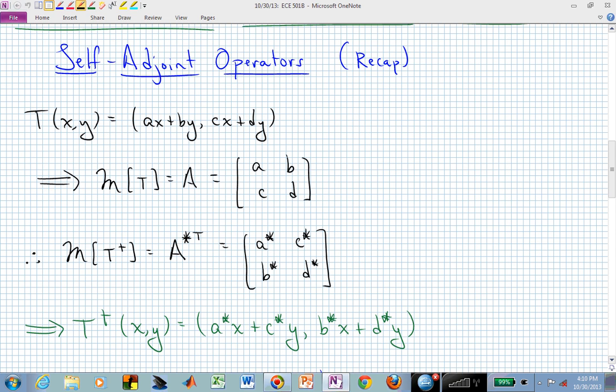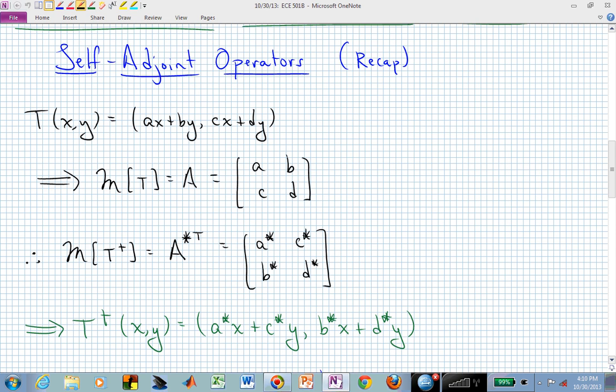This matrix representation says take A star times X and add to that C star times Y. That's the first coordinate of the result of applying the adjoint of T to (X, Y). Likewise, B star times X plus D star times Y is the second coordinate in this linear map that represents the adjoint of the original linear map T.